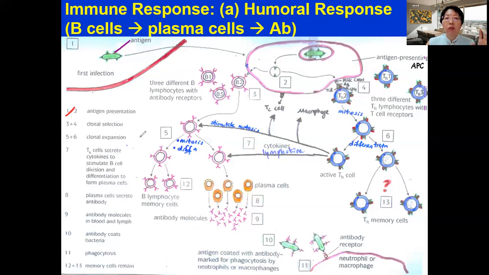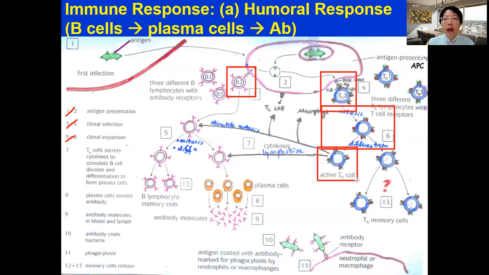After phagocytosis, there will be antigen presentation, followed by clonal selection of the B cells and the T helper cells. Then this is followed by clonal expansion of the selected T helper cell first. During clonal expansion, the cell will divide by mitosis and differentiate into active T helper cell and memory cells.